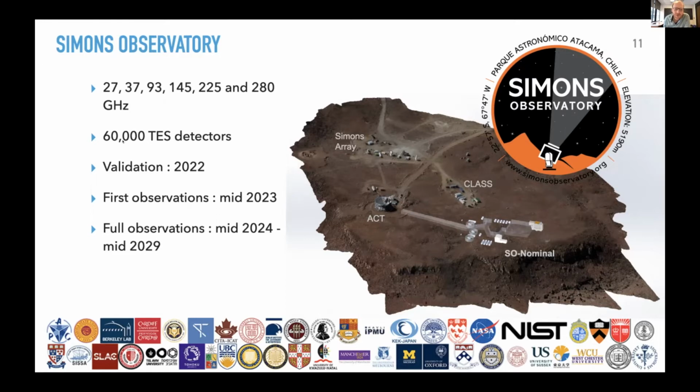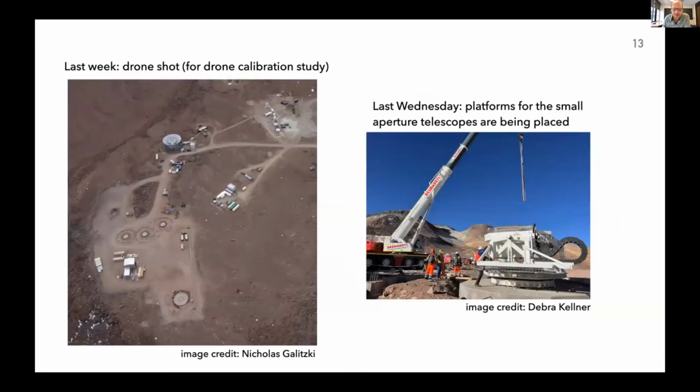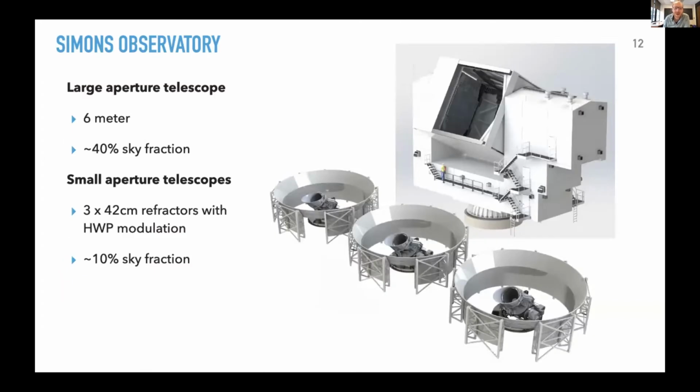We'll have a very large number of detectors, and it's being built as we speak. This year, the validation is planned. First observations are next year, and then there will be about 5 years of observations. Excitingly, this week, actually, I can show you. Well, let me first show you this.